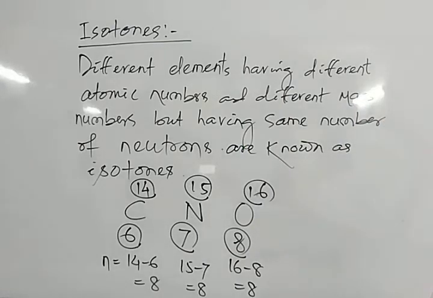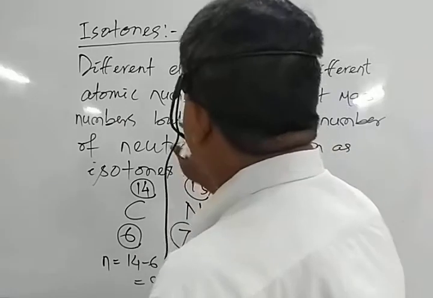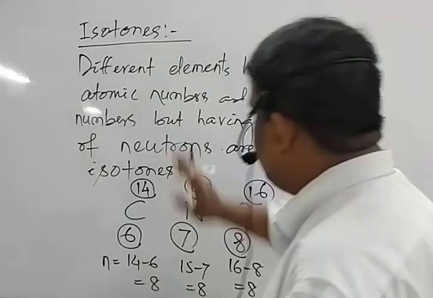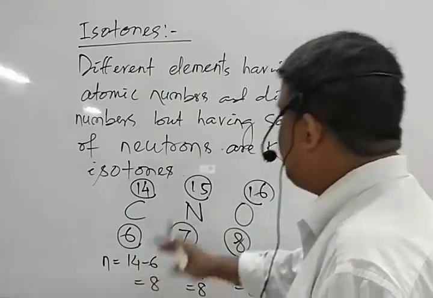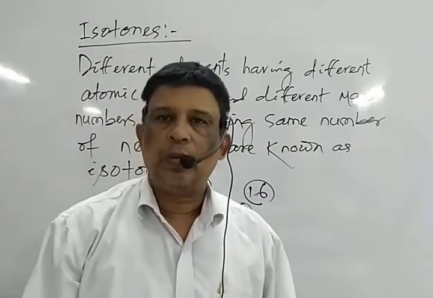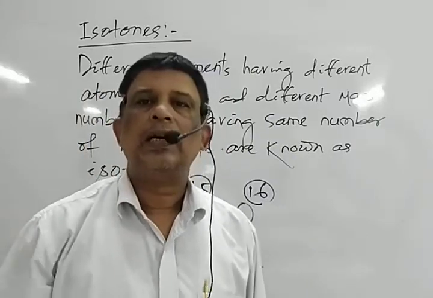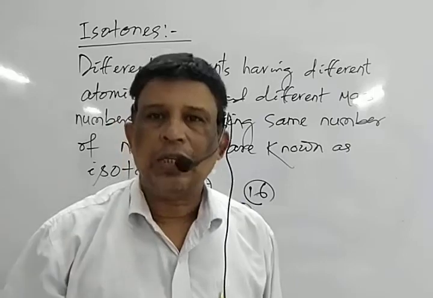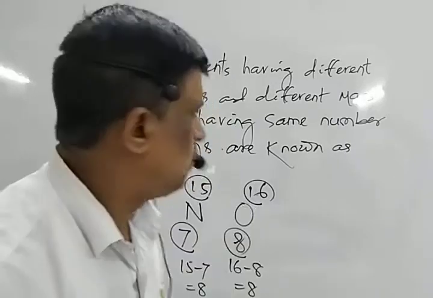That means 8. So these are known as isotones because atomic number differs and mass number differs. So isotope, isobar, isotone.